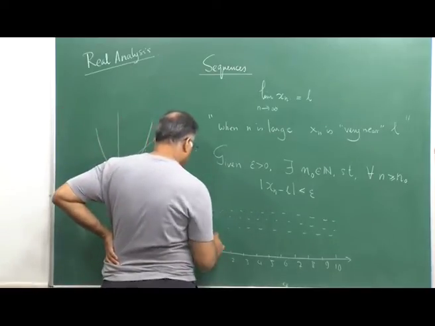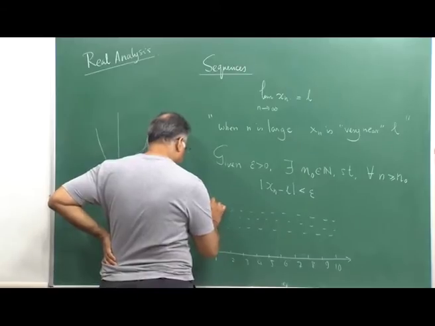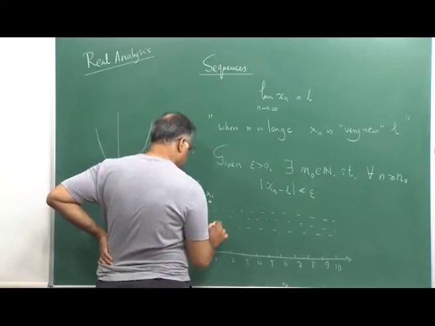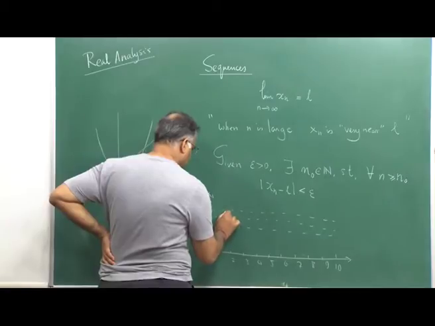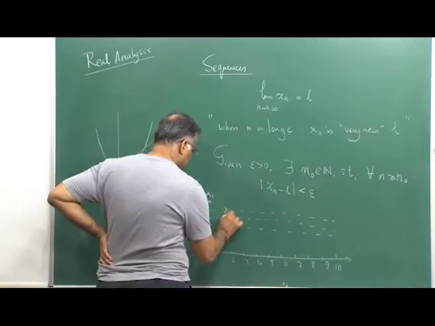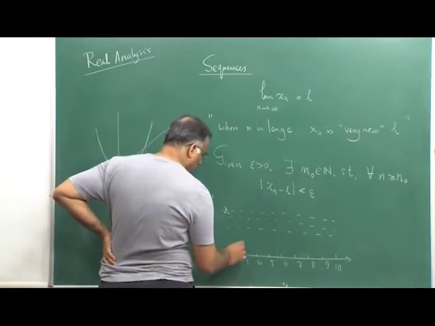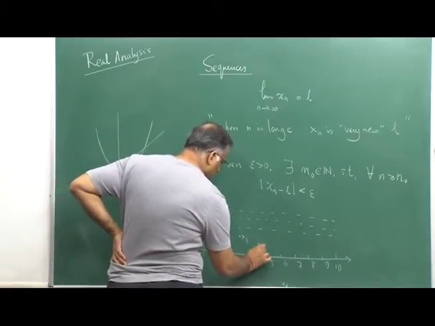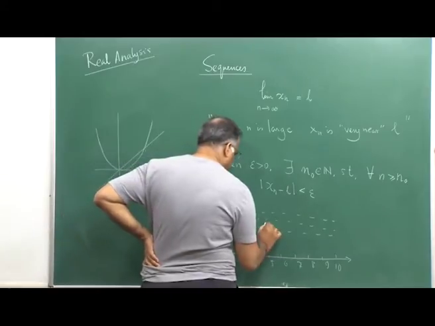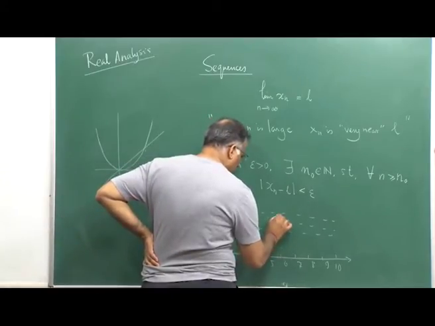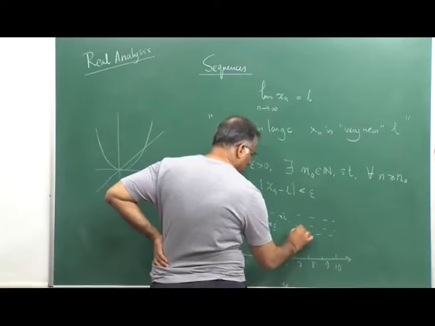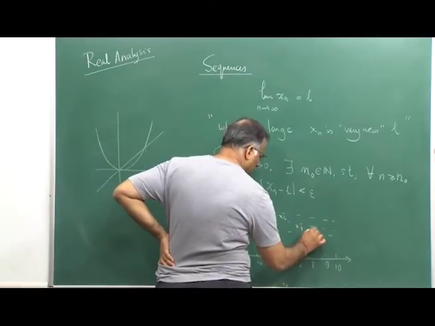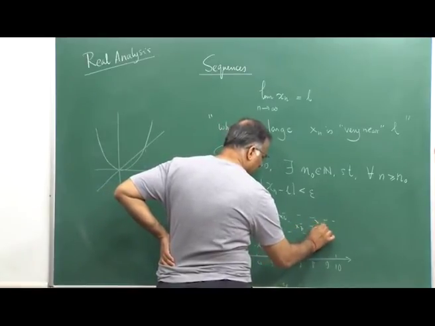And now suppose x1 is here, then x2 is here within this band, and then x3 is here, x4 is here, and then x5, x6, x7, x8, x9 are here, and so on.